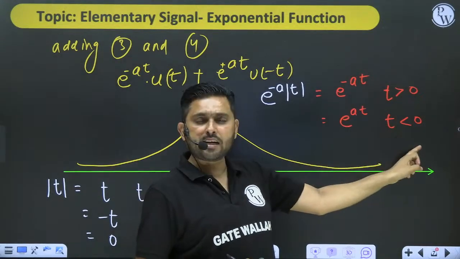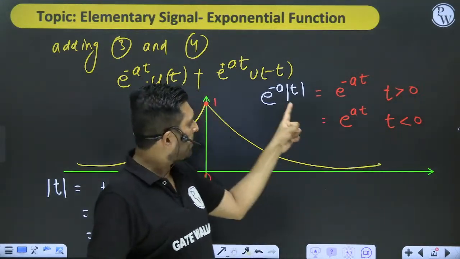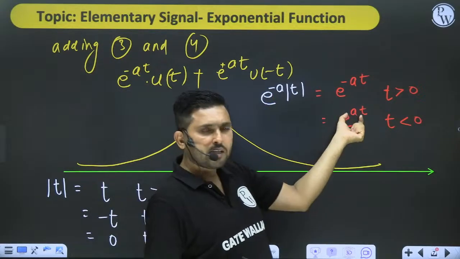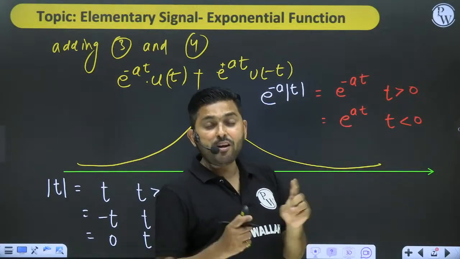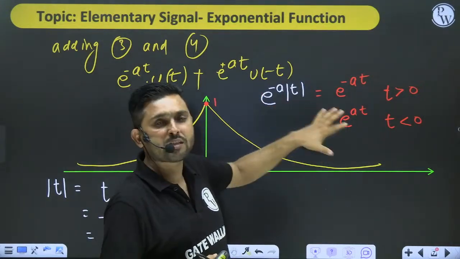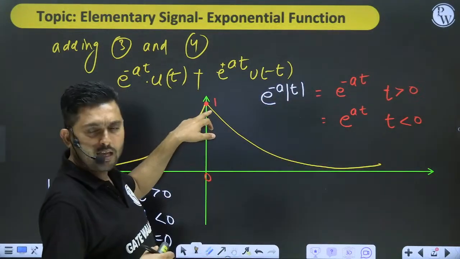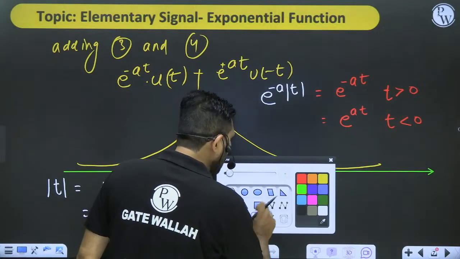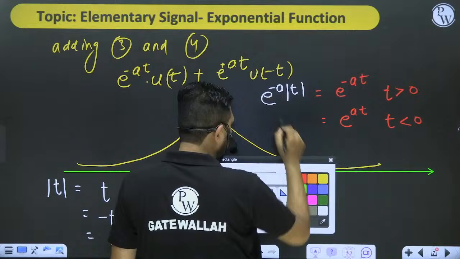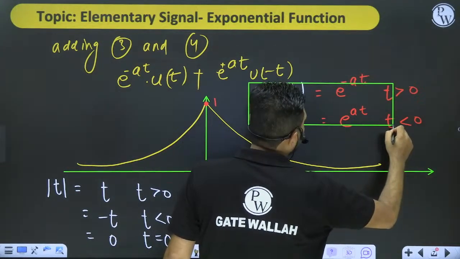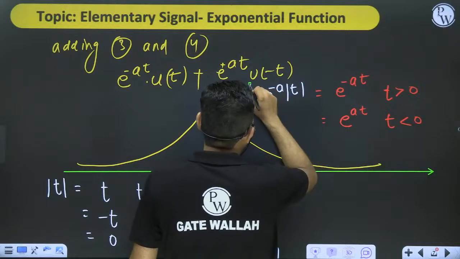For t negative, mod t becomes minus t, and minus minus becomes a plus, so e to the power at. What will happen at t equal to 0? At t equal to 0, this complete function is 1. So this is nothing but my mod t, and it's a very interesting function.